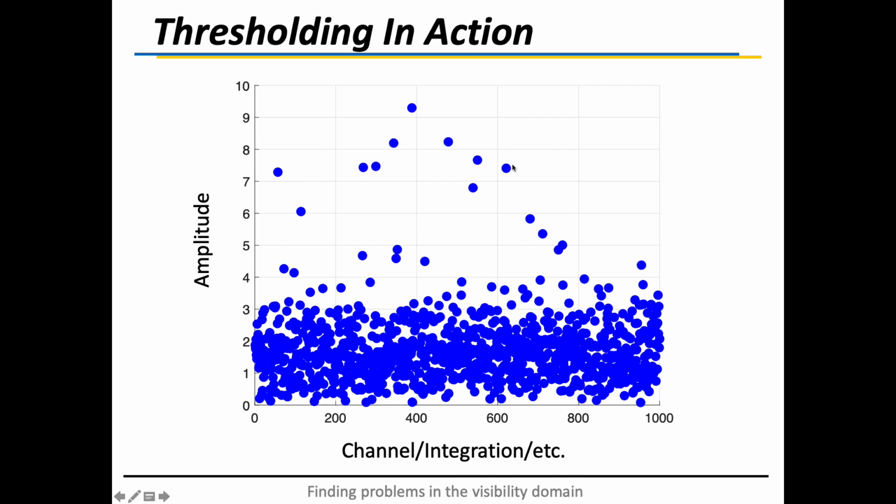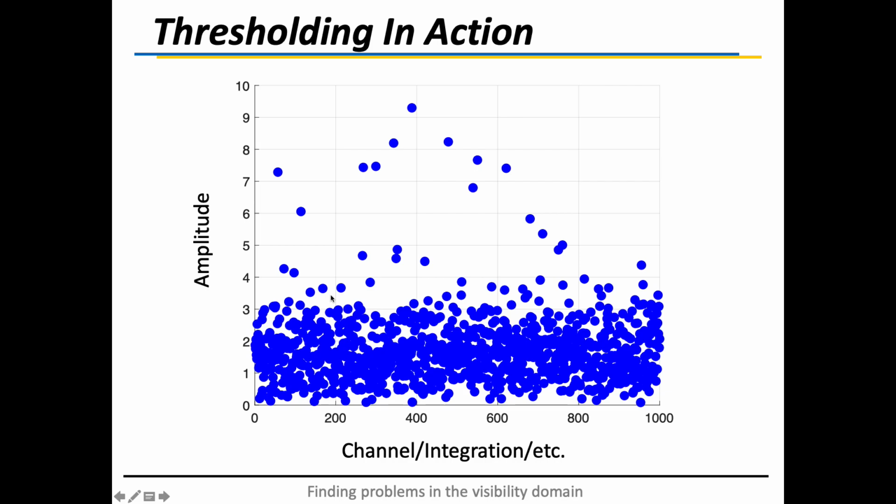Some that look like they are very high amplitude, and then there's a scrum that's kind of down here that all look fairly normal. So I can look at this and say, well, all right, clearly there's kind of a clustering of points above 7 that look like they're kind of outliers and maybe bad. Maybe there's some in this kind of 4 to 6 range that look maybe a little suspicious. Maybe I don't totally trust everything that's above 3.